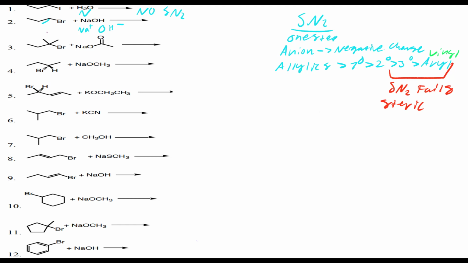No. Is it a double bond inside like a cyclohexane or something? No, there isn't. So that's cool. Is it allylic? No, that's not allylic. So what is it? Well, it's actually primary. That carbon is attached to another carbon, so it's primary.